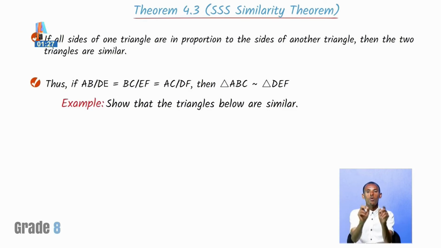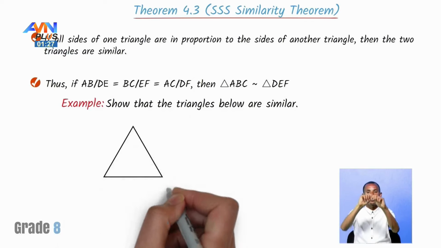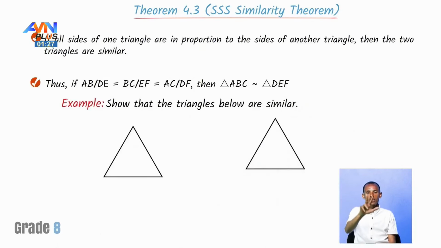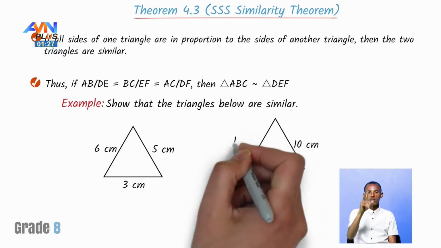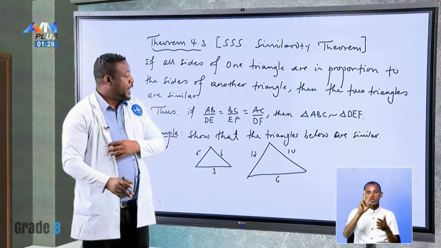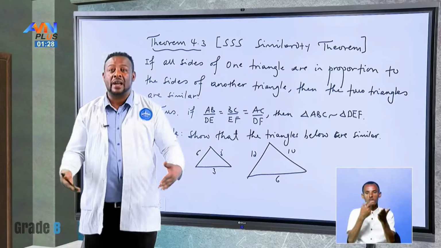Okay, suppose we have two triangles with side lengths 3, 5, 6, and the other triangle 6, 10, 12. Okay, if we have these two triangles, here we are asked to show that these two triangles are similar.